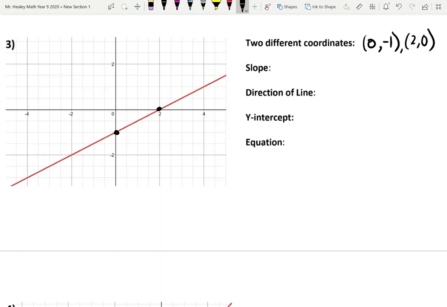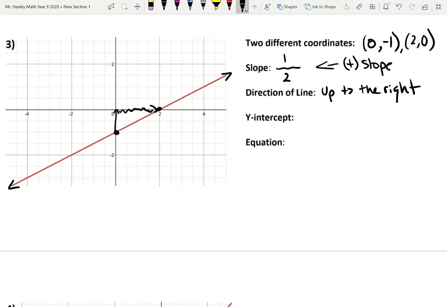Our slope, you can see it's up. It's going to rise 1, run 2. Our slope is 1/2. The direction of our line is up to the right, and we see that the slope here is positive.